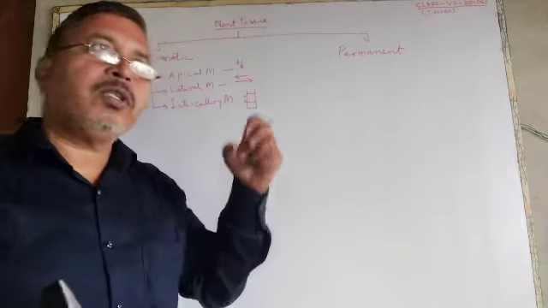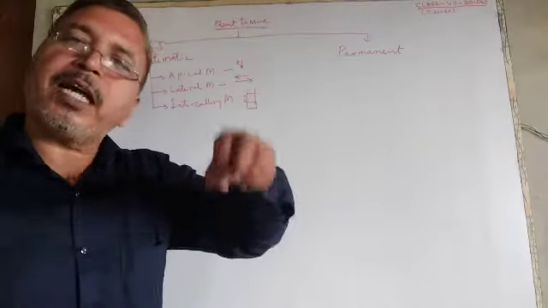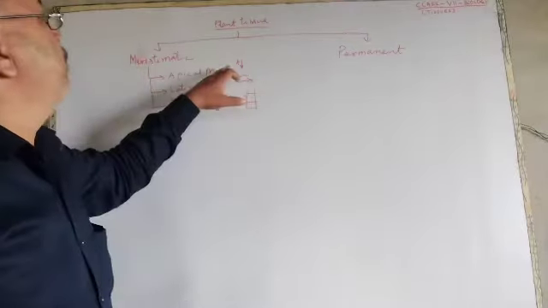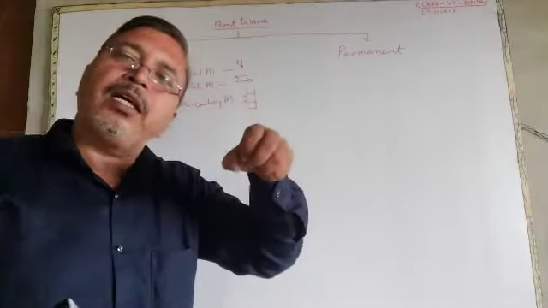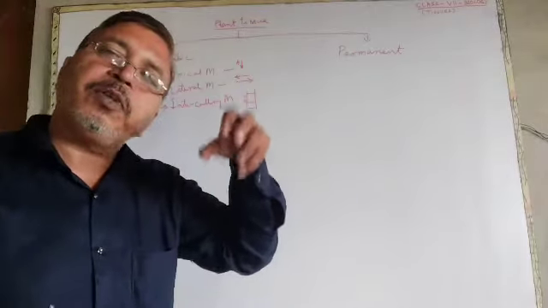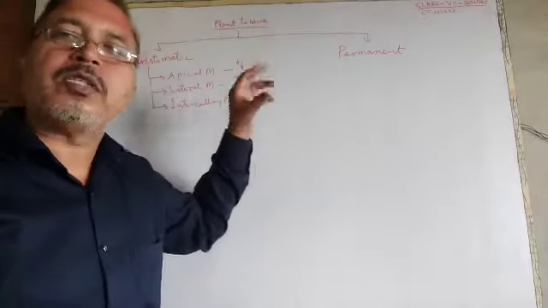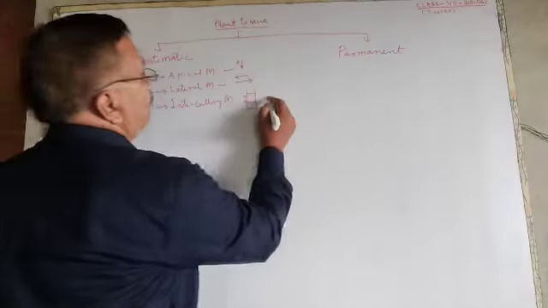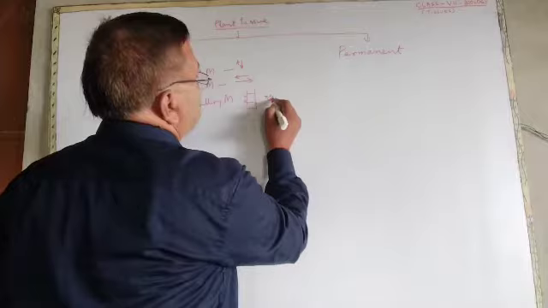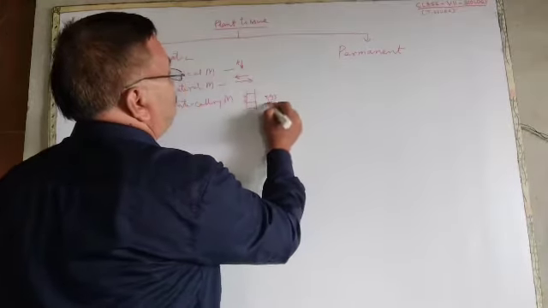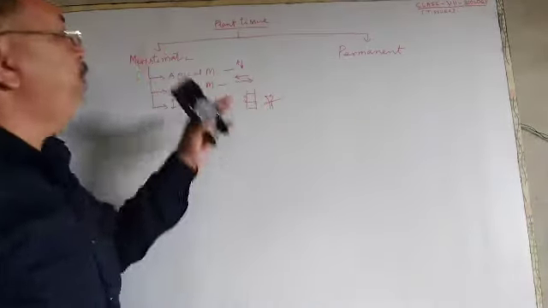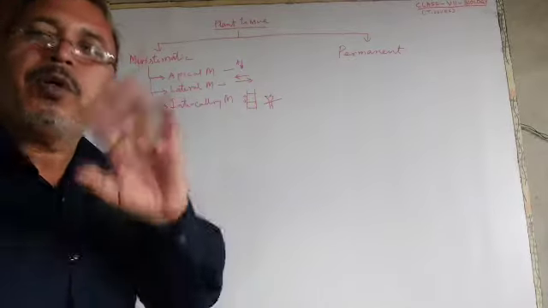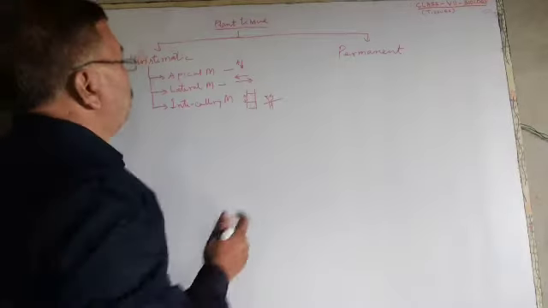No. In the grasses you see, even if the grass tip, the apical meristem, is eaten away by the grazing animals, even then this plant grows in size. Suppose this is the grass tip, and this much is grazed away. Will it stop growing and developing? No, it will grow. In such a case, what will happen?